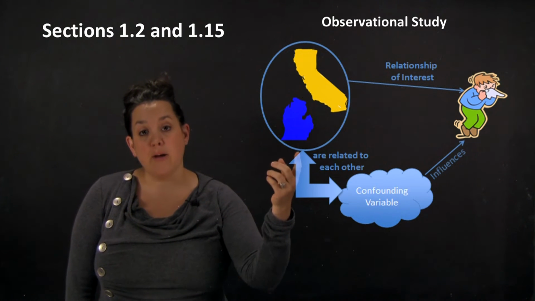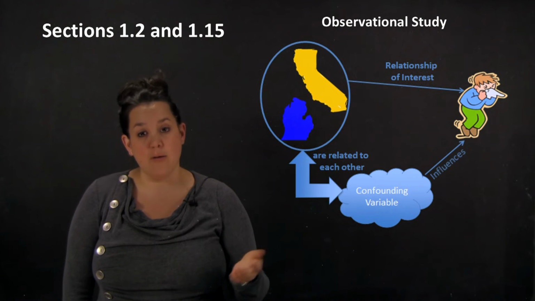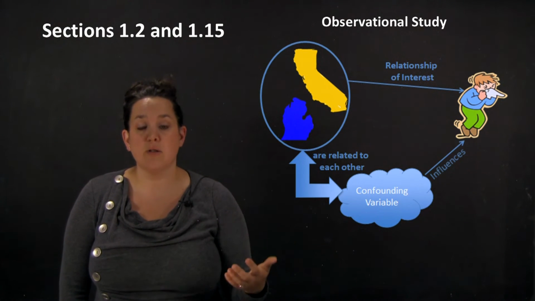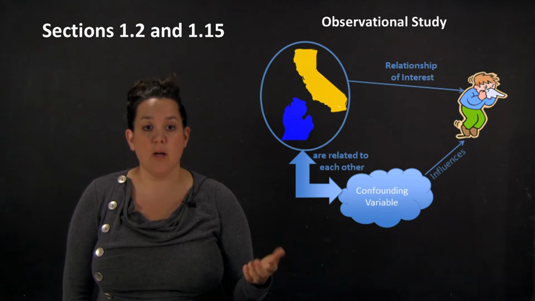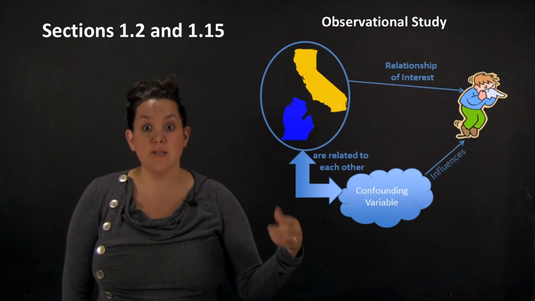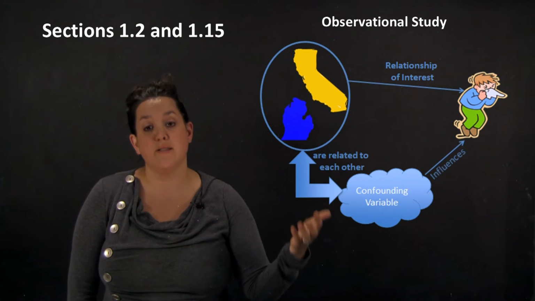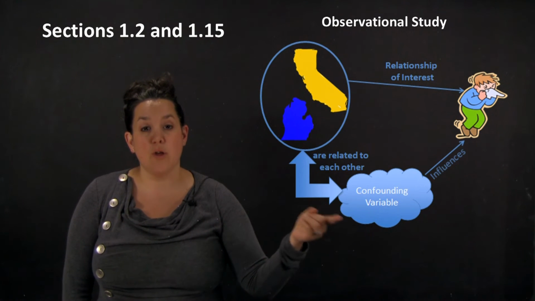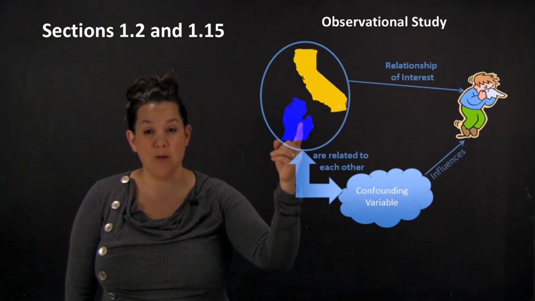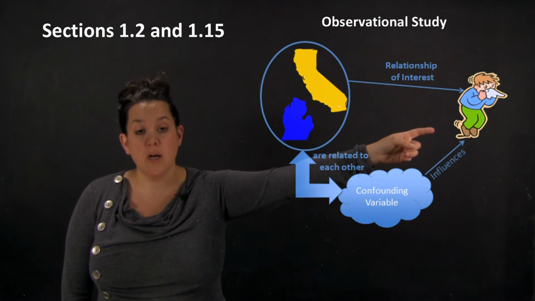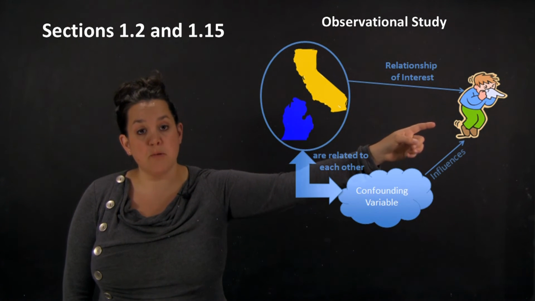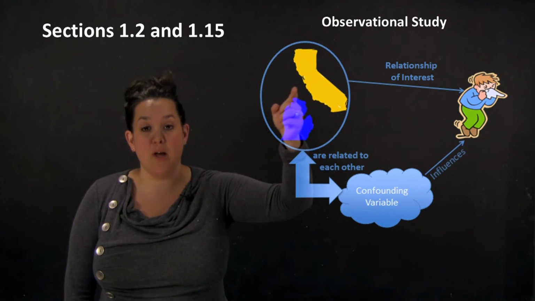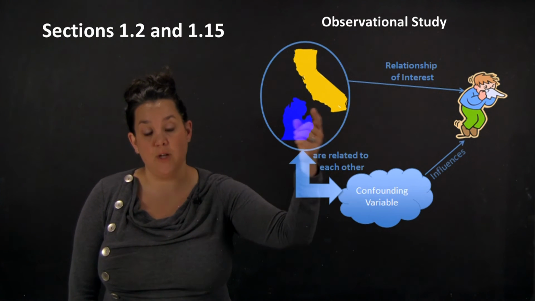So for example, I could have differences in diet or maybe age or the amount of exercise or how much sunlight they're getting. Those variables, diet, exercise, age, those are what are called confounding variables. So they go along with the location that you live and they could affect your allergy symptoms, but they're not actually the relationship that you're studying or the relationship of interest.